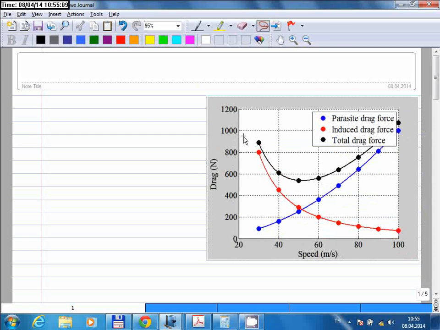This is actually the drag force, but we call it required thrust, because if you want to make a steady level flight at this speed, this is the drag force for that flight, and your engine should provide the same amount of force such that the equilibrium flight can be possible, right? So this is also the thrust required. So instead of drag, we can also call this, let me just write here, T sub R for required thrust.